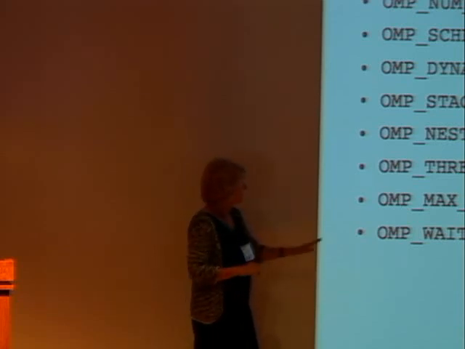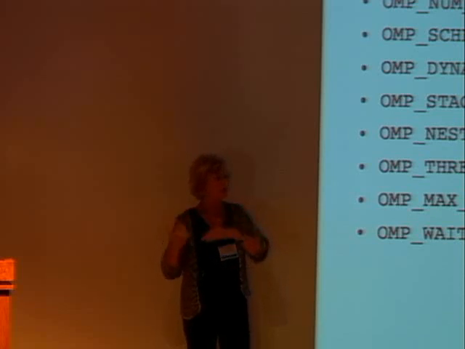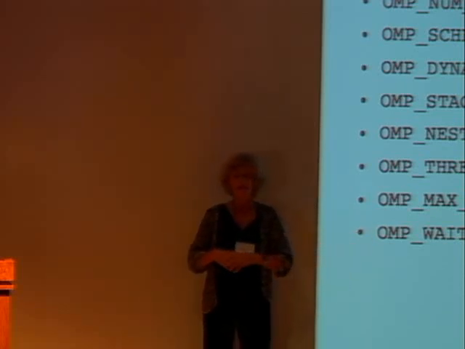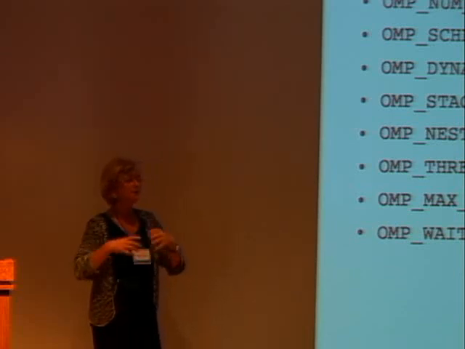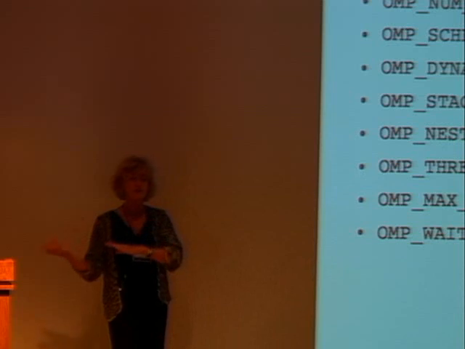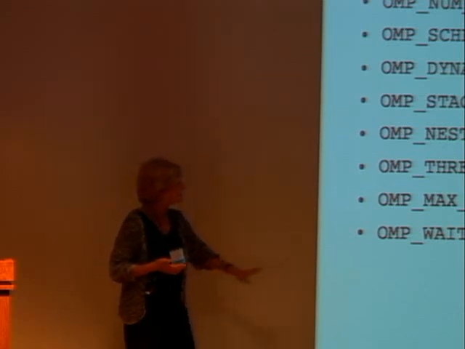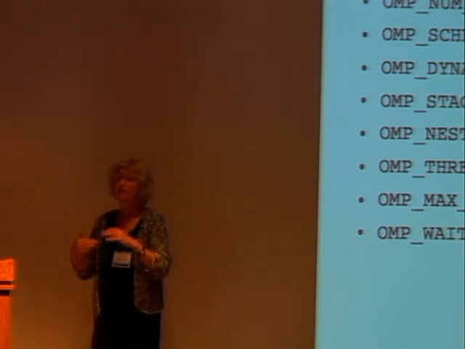So to allow the user to help the system or help the implementation understand, if we have some choices somewhere, if it might be waiting for a while, do you want us to prefer to have the threads polling and looking for work, or would you rather that they sleep for a bit? You can actually set a policy, which is just kind of a general guideline on which of those to prefer.